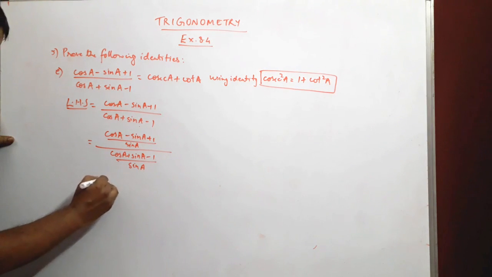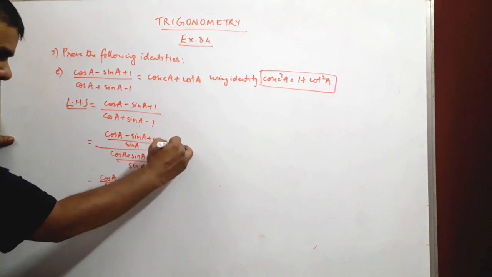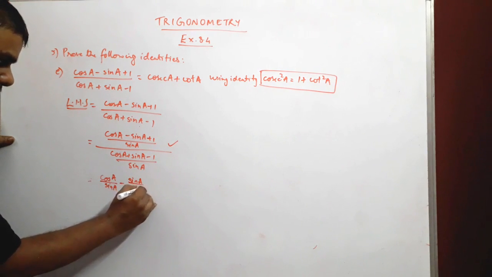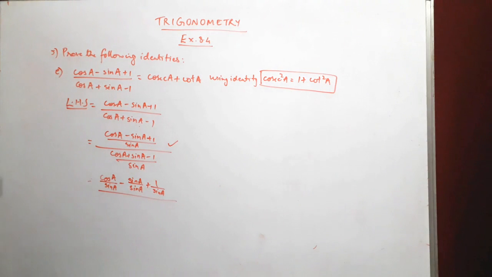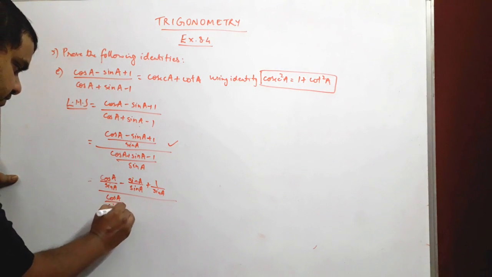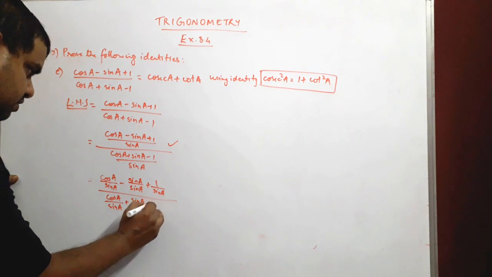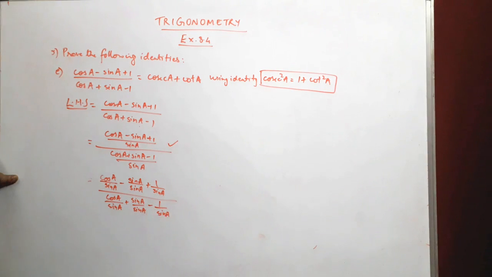So cos A, we'll write it as cos A upon sin A, then this is the numerator I am talking about, minus sin A upon sin A plus 1 upon sin A. I will do the same for our denominator as well: cos A upon sin A plus sin A upon sin A minus 1 upon sin A. Fine, so I have just listed it down separately.